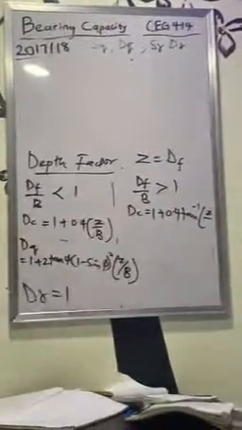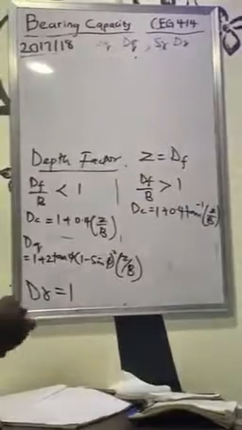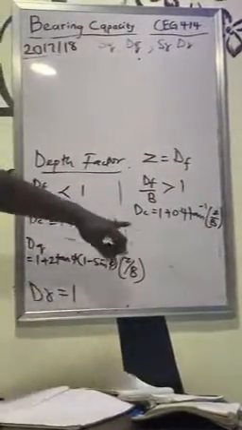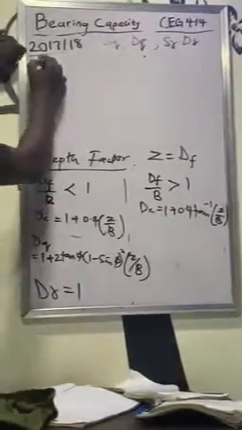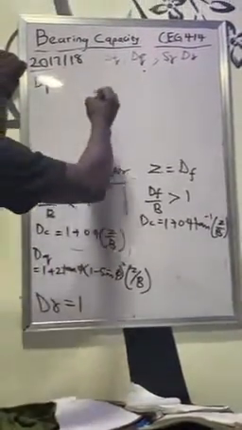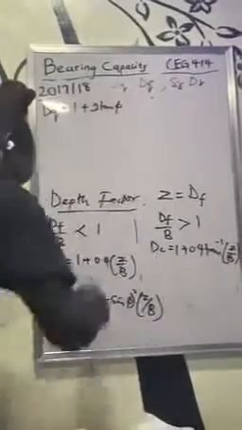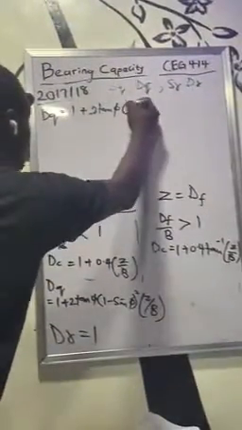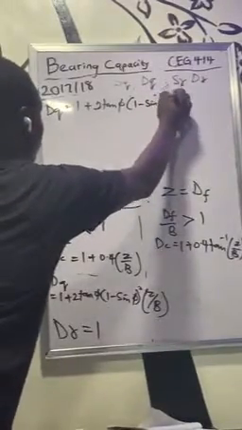Z is the same thing as DF. So Z over B, that's for that. My DQ formula, I'll leave here because it is quite long, so I'll leave it and come up here. DQ is 1 plus 2 tan phi into 1 minus sine phi, all squared.